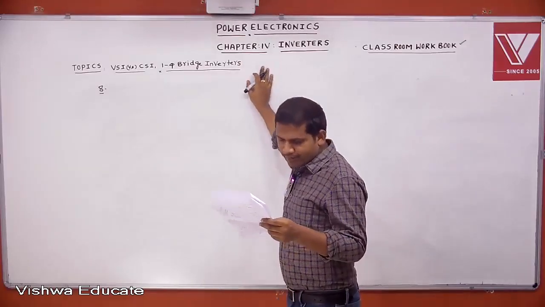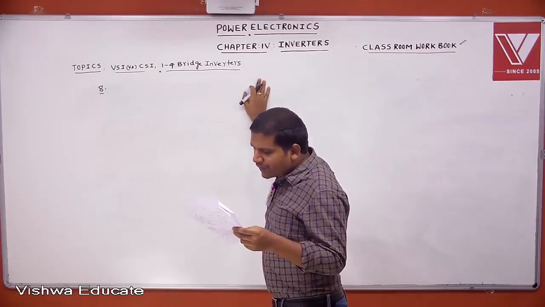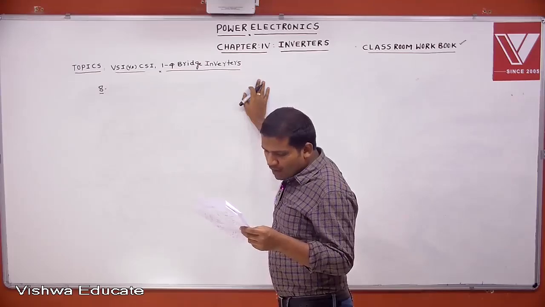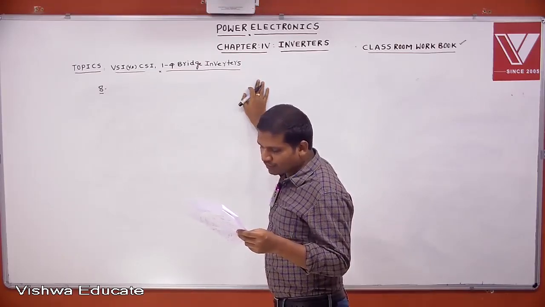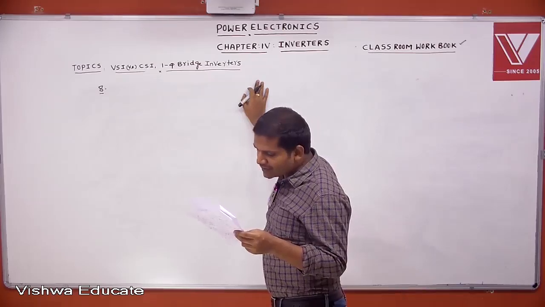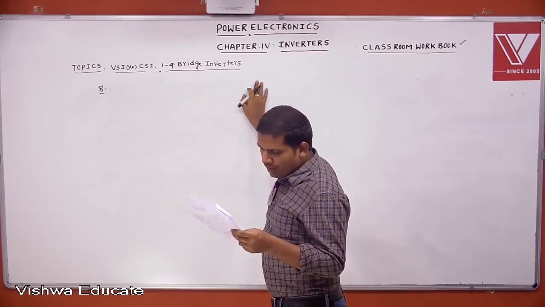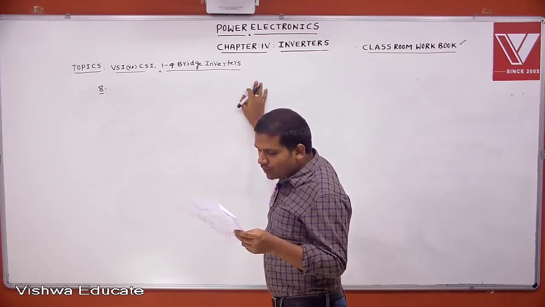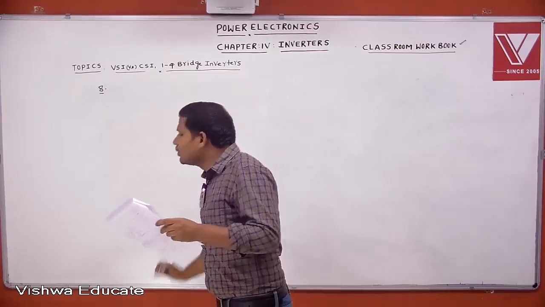A single phase full bridge inverter is fed from a DC source such that the fundamental component of output voltage is 230 volts. Find the RMS value of thyristor and diode current for the following loads. Question A is for R equal to 2 ohms. B is if R equal to 2 ohms, XL equal to 8 ohms, XC equal to 6 ohms. That you want to calculate.